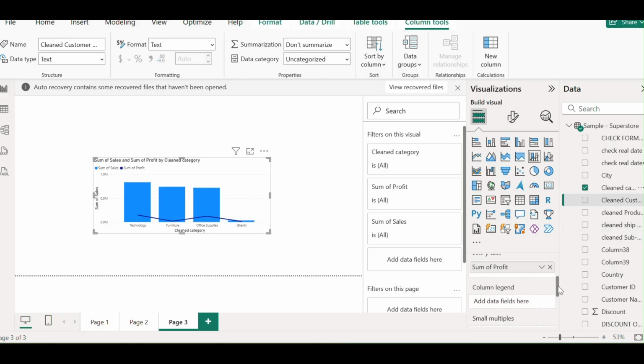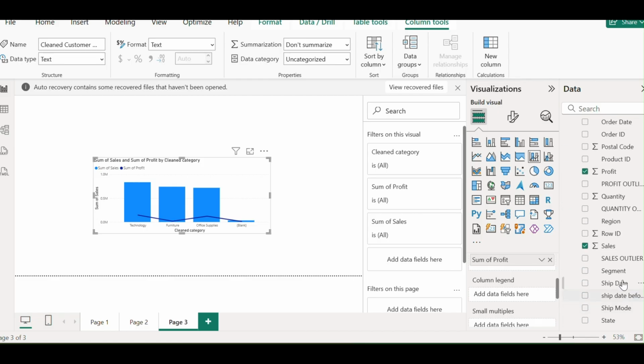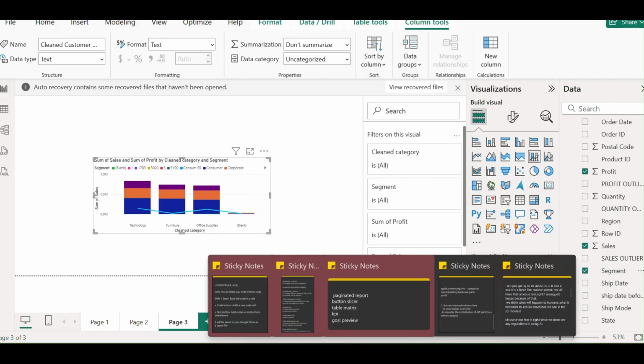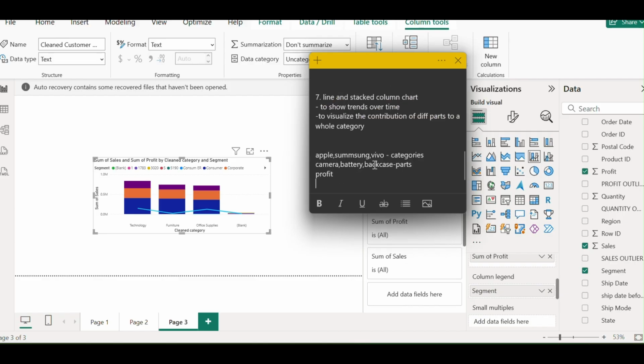Okay, we have one more field, column legend. See, if categories are our columns, then segments are our legend. For example, same example: Apple, Samsung, Vivo are categories, then battery and these things are our legend here.